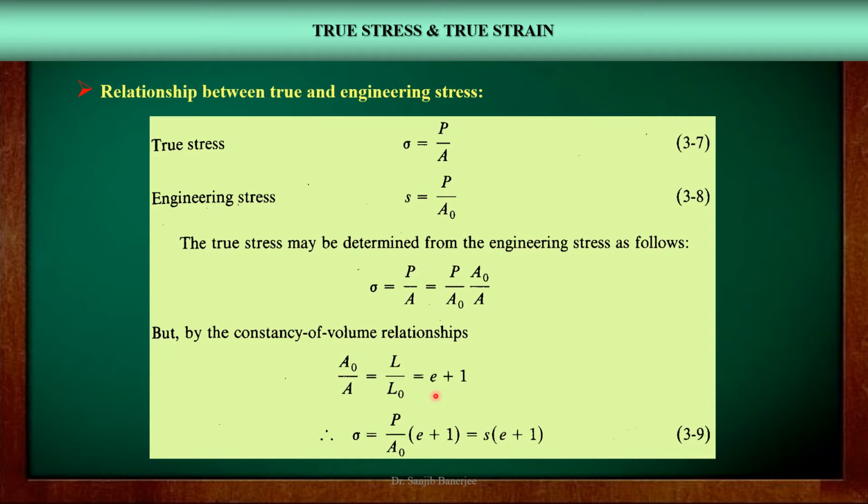Now, by substituting the value of A0 by A, which is equal to E plus 1, in the original equation of true stress, the true stress sigma becomes P by A0 into E plus 1.